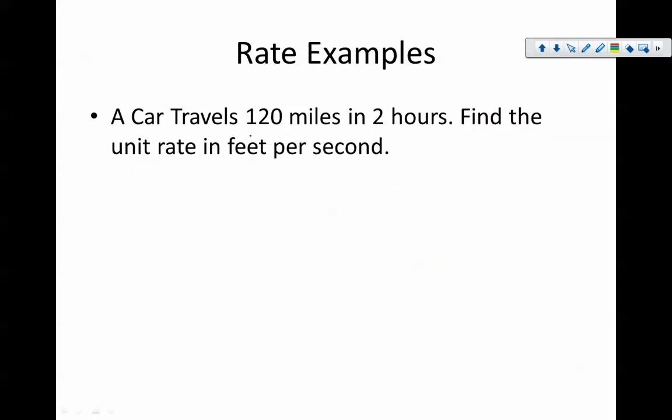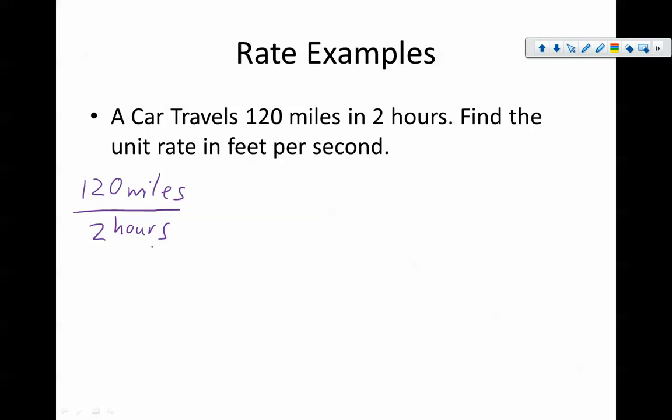So a car travels 120 miles in 2 hours. Find the unit rate in feet per second. So we need to convert 120 miles per 2 hours. We have a rate that was created here, 120 miles in 2 hours.